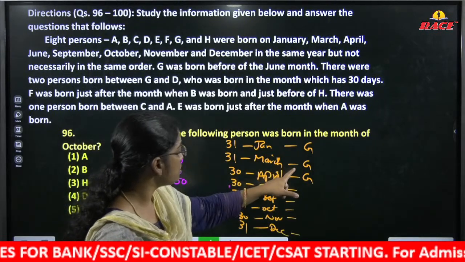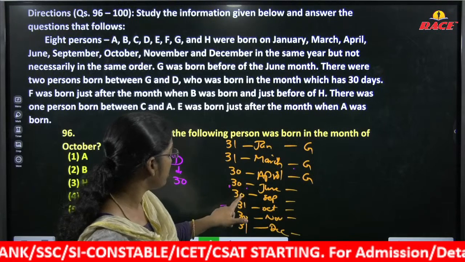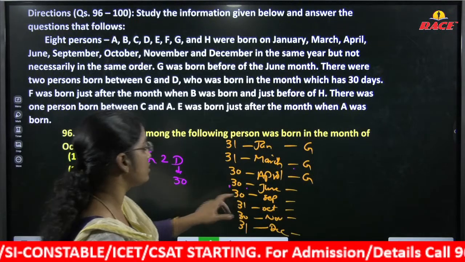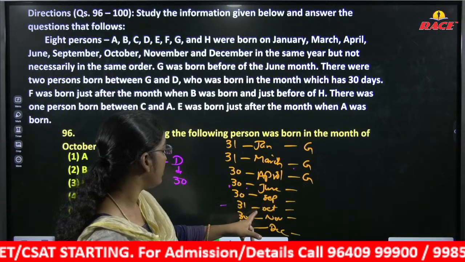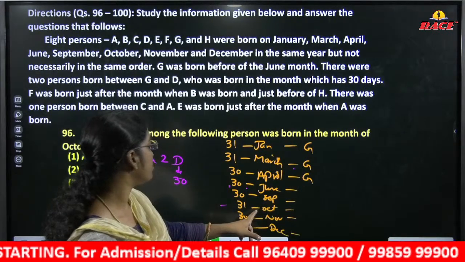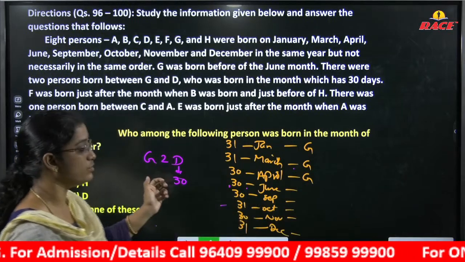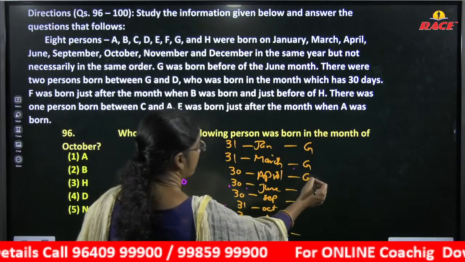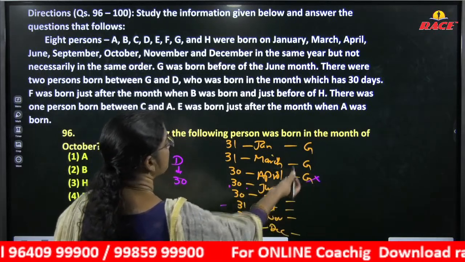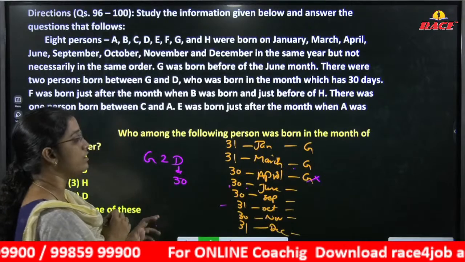If you take G here, two gaps, here we take D, there is no problem with that also. If G is in April, with two gaps, we have to take D here. That means no chance to take D here. Why? Because D is born in a month which has only 30 days. That means here we are not having a chance to take G. So we are having only two chances for G's position.